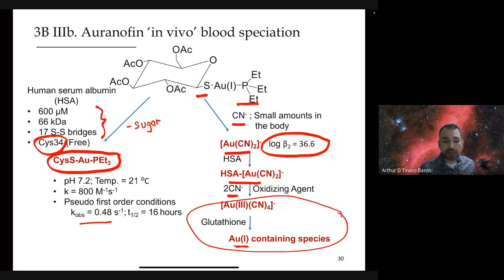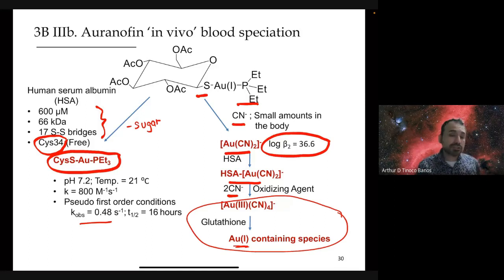So, from the perspective of the importance of this compound, it appears that it's the gold component that is the most important, and the prevalence of it in the body and its affiliation with the human serum albumin is key to enable that biodistribution.